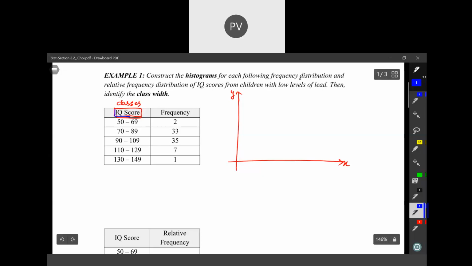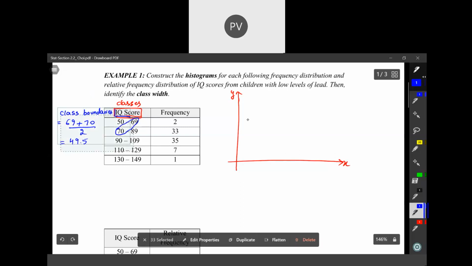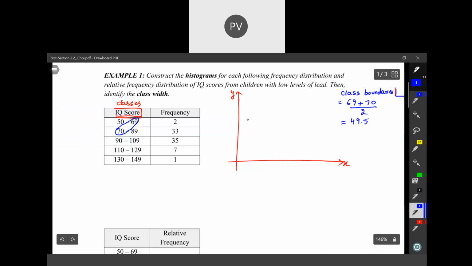So that is why we will have to find the class boundaries. What is the formula for the class boundaries? It is nothing but the highest point of the first class and the lowest point of the next class. 69 plus 70 divided by 2 will give you the boundary line, which is 69.5.